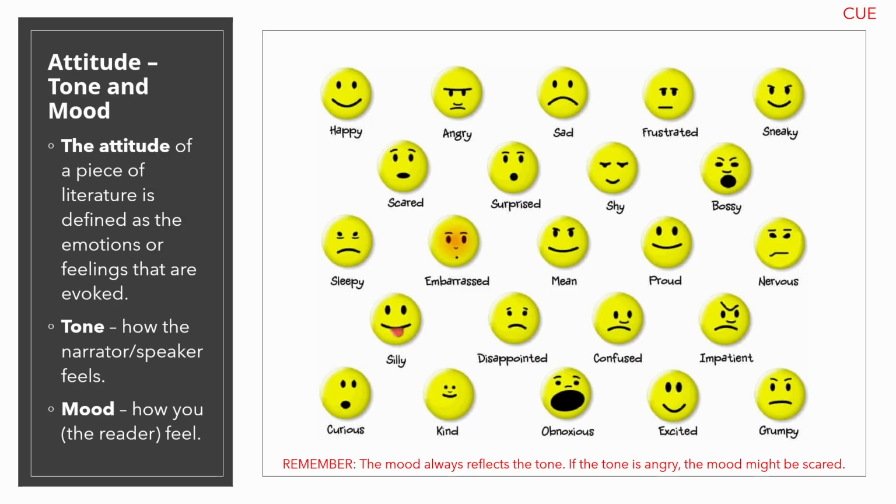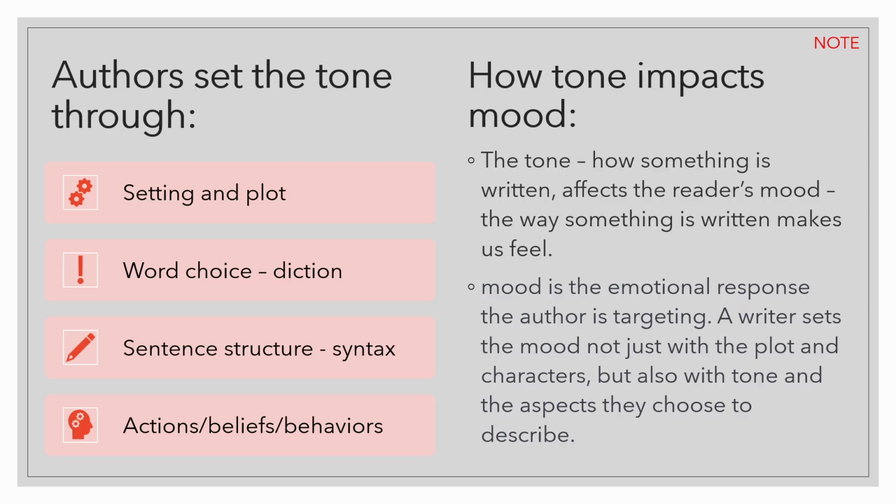So again, tone is how the narrator feels, mood is how the reader feels. Authors use the setting, word choice, and sentence structure to create the tone, which shapes the mood. For example, if the tone is angry, then the mood might be tense or scared.